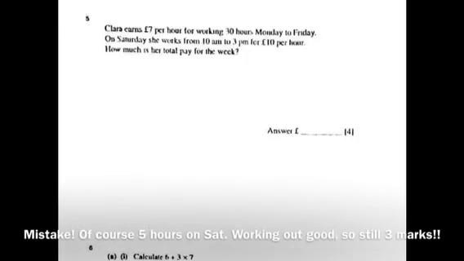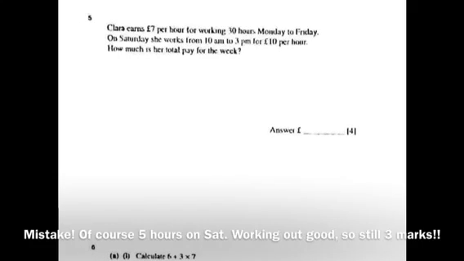Okay, question 5 now. Clara earns £7 per hour for working 30 hours Monday to Friday. On Saturday she works from 10 AM to 3 PM for £10 per hour. How much is her total pay for the week? Okay, well, Monday to Friday, I'll just write M to F. She gets £7 per hour multiplied by 30 hours.